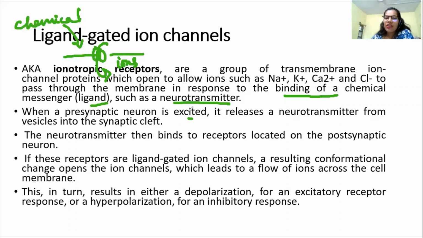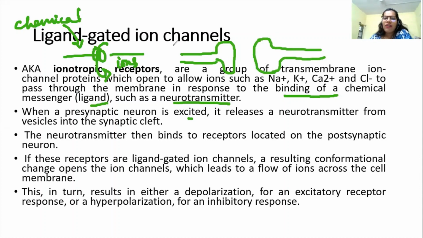I guess everyone knows what a synapse and a synaptic cleft are. Suppose we have a membrane here and another nerve here, the presynaptic and postsynaptic, and in between we have the synaptic cleft.